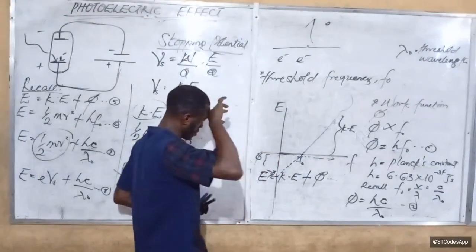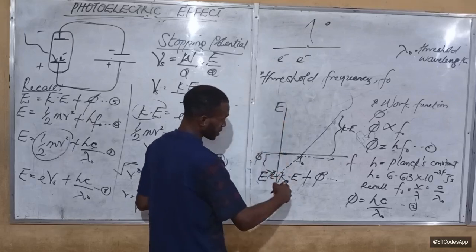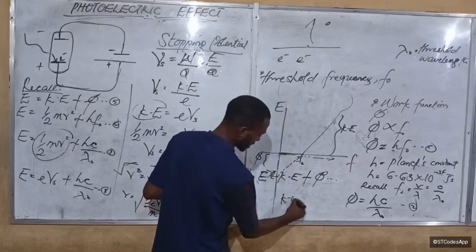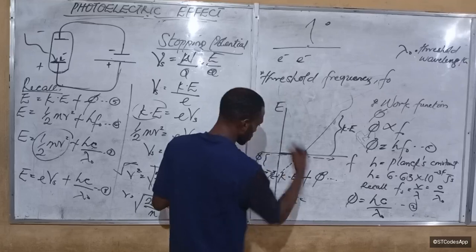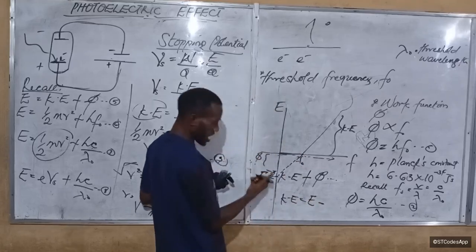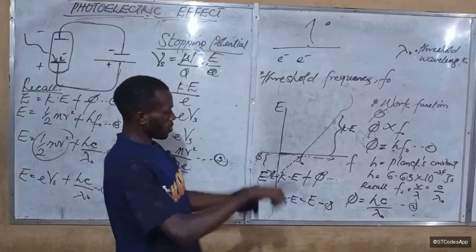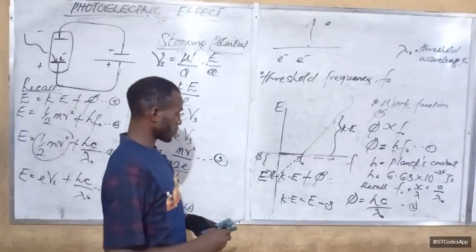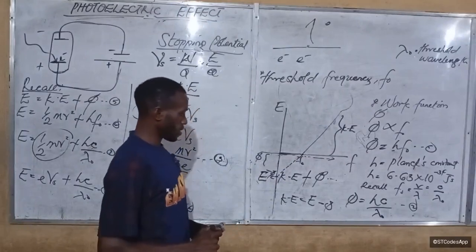It means that the kinetic energy here is going to be the total energy plus the negative work function. Does that make sense? And that makes sense by the time you maneuver your equation. Is that okay?